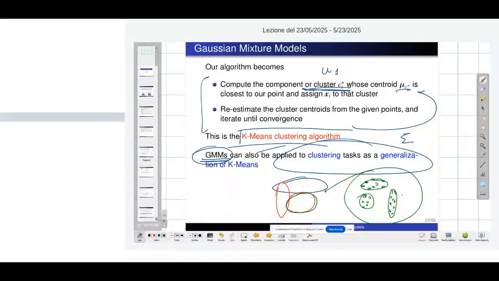But first of all, we will have a GMM that is learned to maximize the likelihood, so to better fit the data, and a model where the clusters may have wildly different sizes and different shapes. Of course, the shapes are constrained by the shapes that a Gaussian density would find.